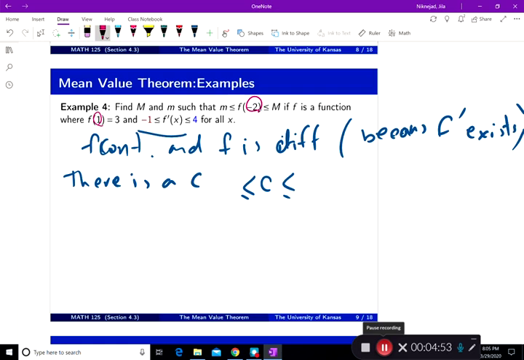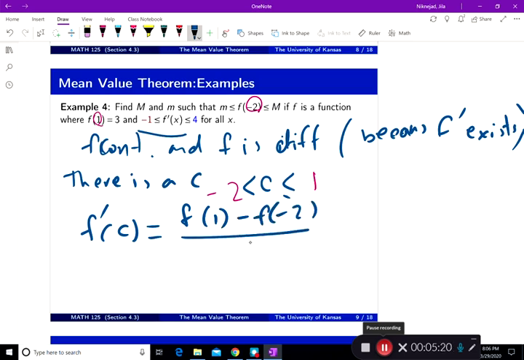So that should be what we want, between -2 and 1. It can't go the other way around, right? So c between -2 and 1 such that f prime at c is equal to f at one point minus f at the other point divided by the difference of the input.